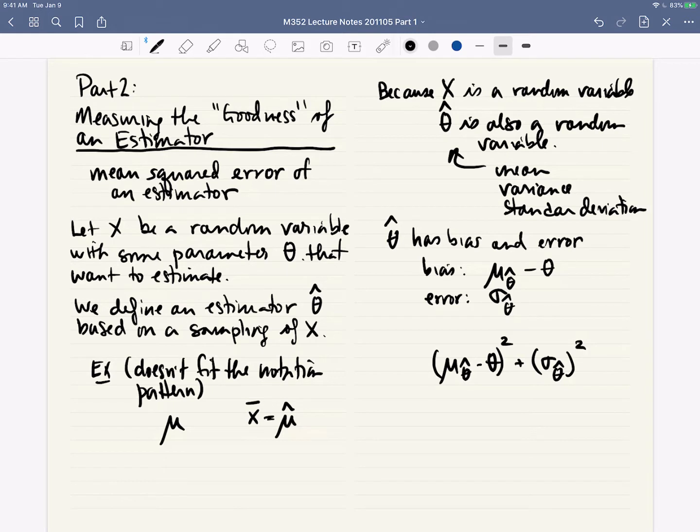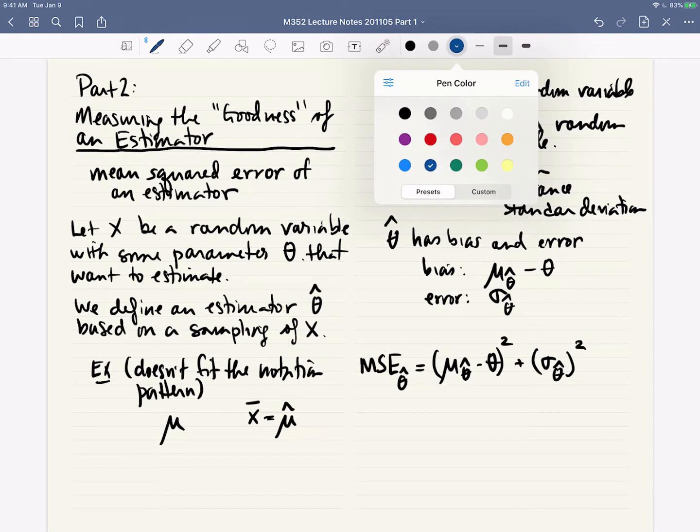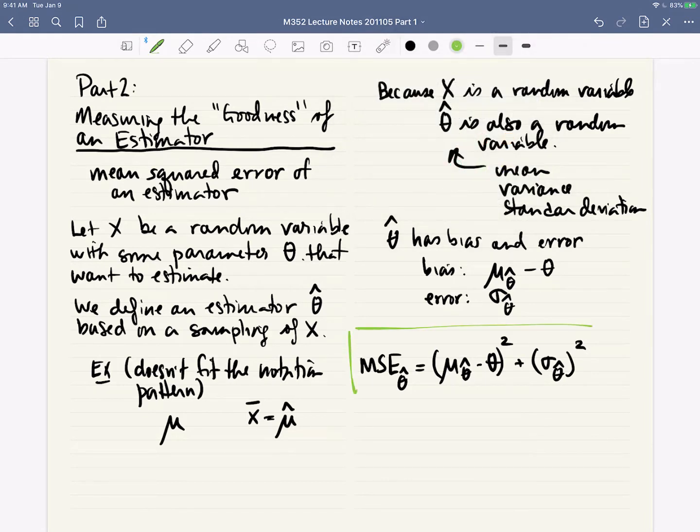So now each of those summands is always positive, and this is what we're going to call the mean square error of our estimator. So notice this estimator is put into the subscript of the mean square error notation. And this is what I'm going to talk about today. So let me highlight this. That was important.